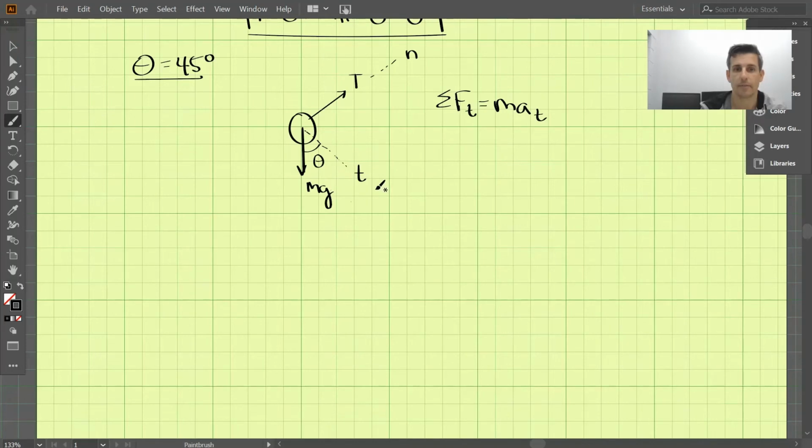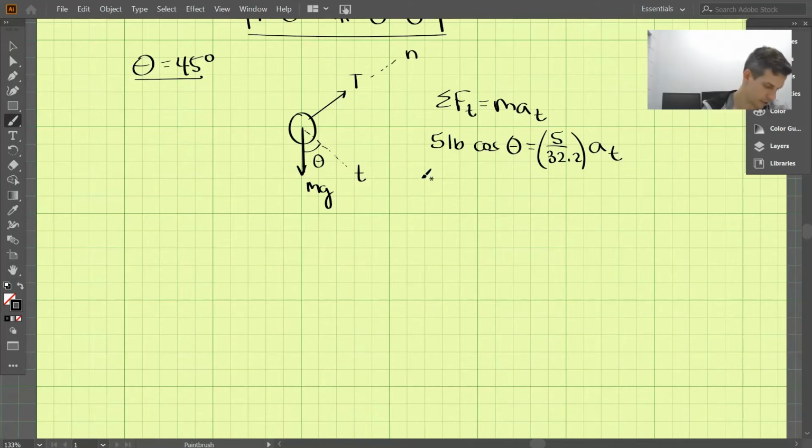So we have m times g, which is 5 pounds, times cosine theta, which would be the projection onto this tangential axis, equals the mass, which is 5 divided by 32.2, times the acceleration in the tangential direction. Here the 5's cancel out.